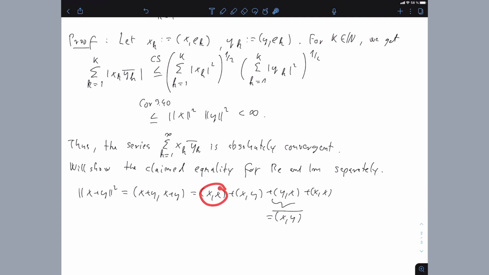So this is x norm square. This is y norm square. I just accidentally wrote x there. But if I add xy plus xy conjugated, this is 2 times the real part of xy. And we call this star.